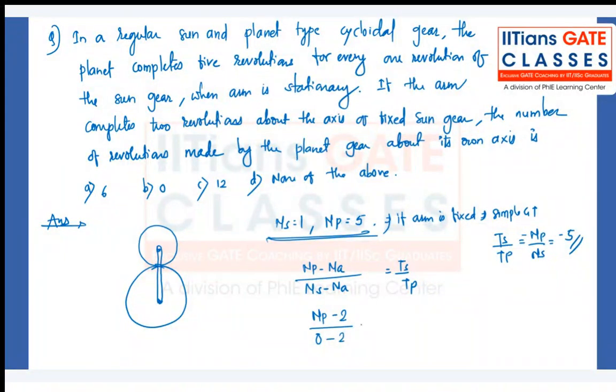Okay, that is equal to minus 5. So minus 5 into minus 2 is Tn. Okay, and Tn plus 2 is 12. This implies Np equal to 12.